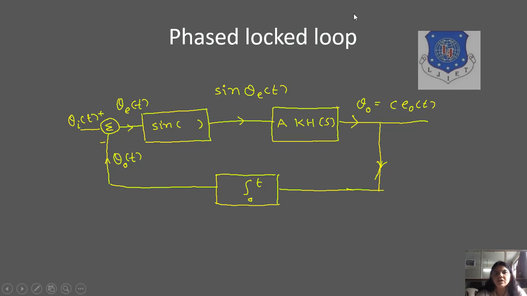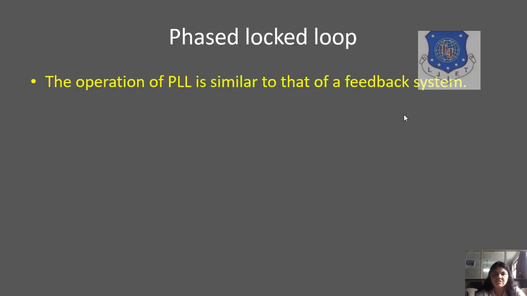So you have only the component sin θe(t), and the output will be generated through the impulse response of the low pass filter. It is θo(t) equal to C times e0(t), where C is a constant.